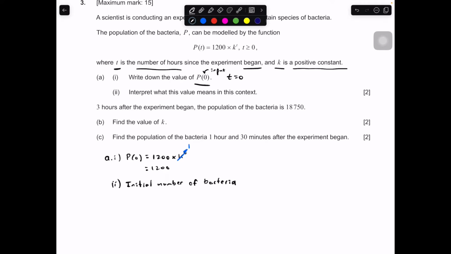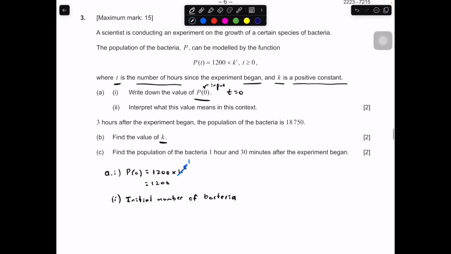Okay, not too bad. 3 hours after the experiment began, the population of the bacteria is 18,750. Find the value of k. Okay, so looking back at this initial equation, we have the number of bacteria, P, population of bacteria. We have k, some constant that we don't know, but they're asking us to find.